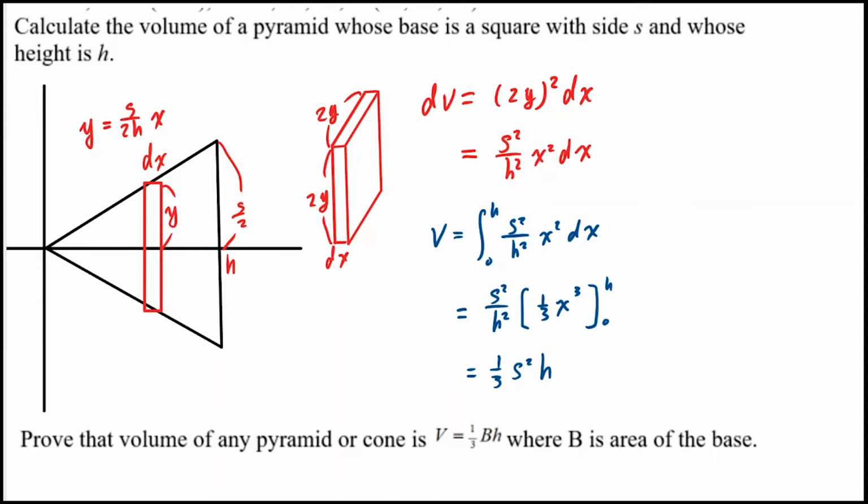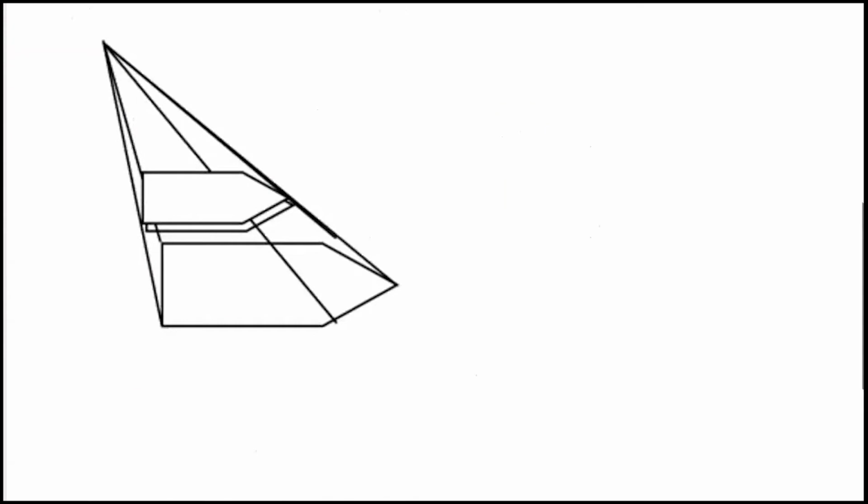Okay, any questions? Well then, this is just a regular pyramid, right? What happens if we have something like this? Some kind of slanted pyramid with, I just put pentagon, but whatever.